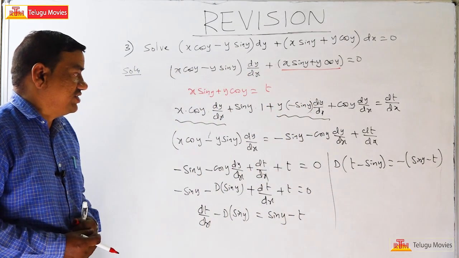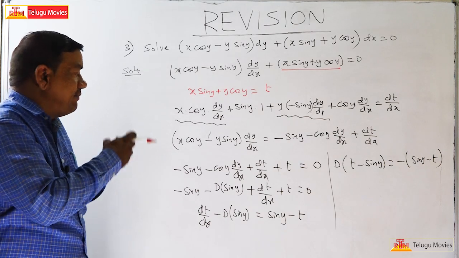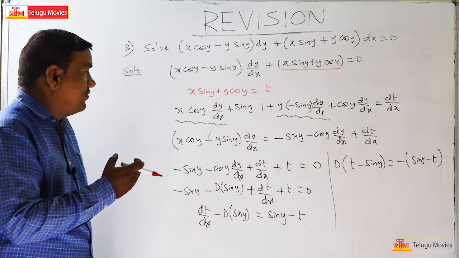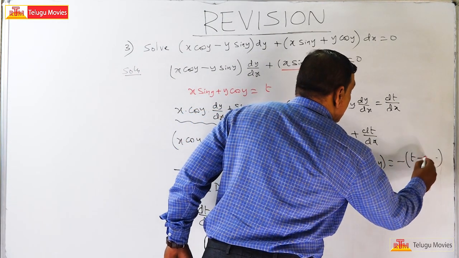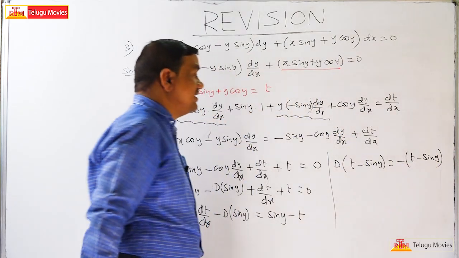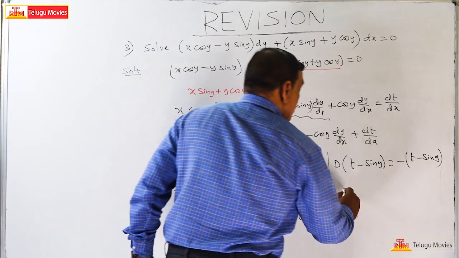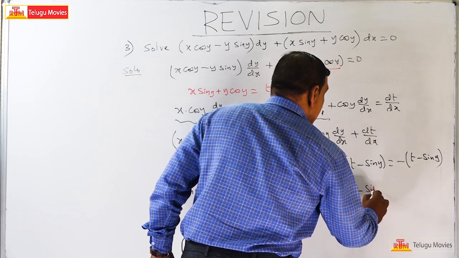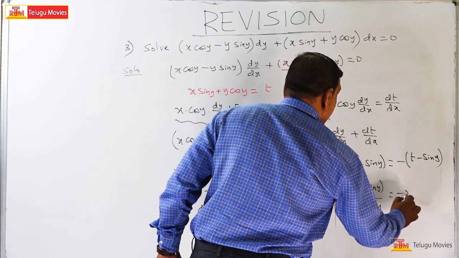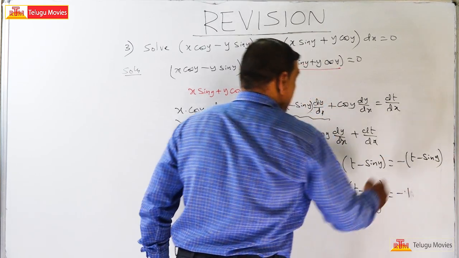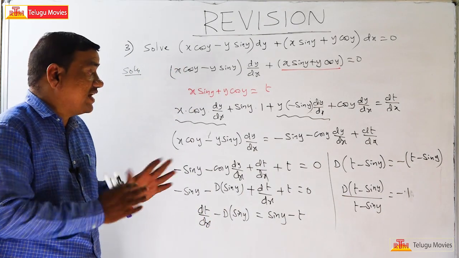Now here t minus sin y is there, so this will become minus of t minus sin y. Let us bring that t minus sin y to the left hand side. So this is the derivative of t minus sin y divided by t minus sin y equals minus 1. Actually it is minus 1. Now let us integrate with respect to x on both sides.